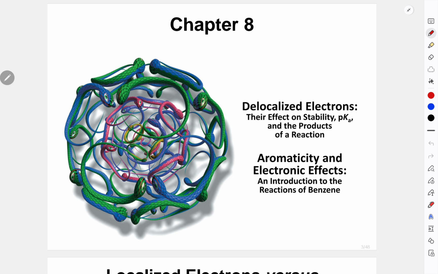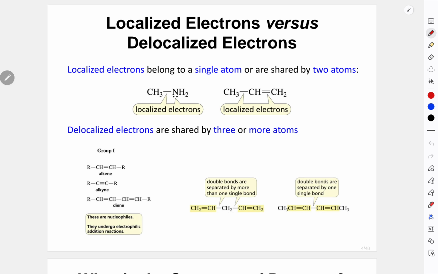So what is delocalized electron versus localized electron? Thus far, all the nucleophiles we studied basically have localized electrons, right? For instance, this amine has localized electrons. Here's a lone pair that belongs to the nitrogen atom, right?